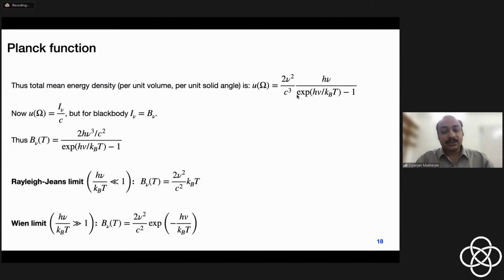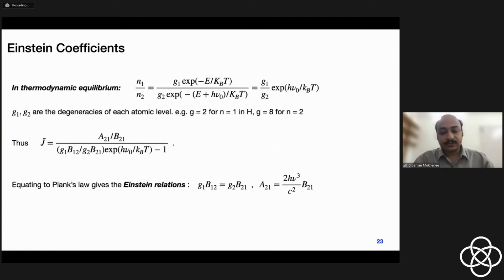So J bar, remember, is the energy density. And just comparing these two functions, we can relate these coefficients. These are called Einstein coefficients, and these are called Einstein relations. All these Einstein coefficients are just related. So if you compare with the Planck black body function, you can get these relations.